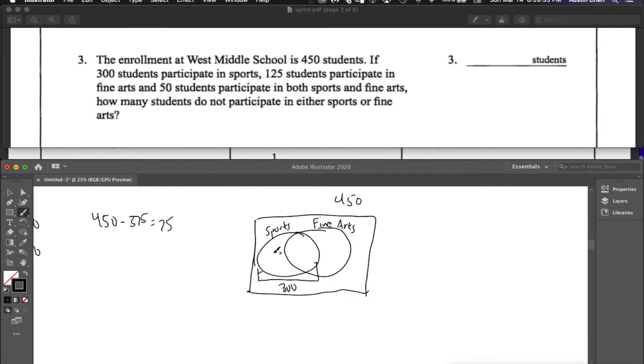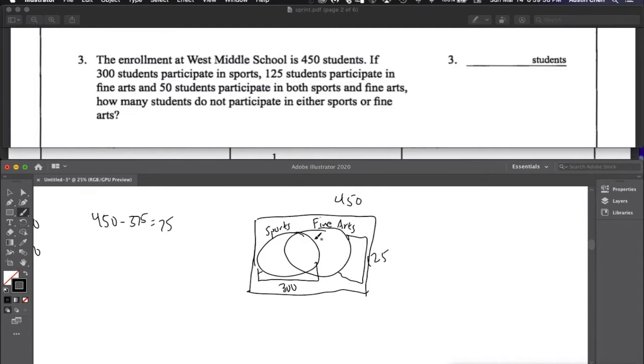Now, part of them is going to be in just sports, and part of them is going to be in both sports and fine arts. But the information that 300 students participate in sports is just saying my whole bubble is 300. And then my fine arts bubble, it says 125 students participate in fine arts. So my fine arts bubble is going to be 125.